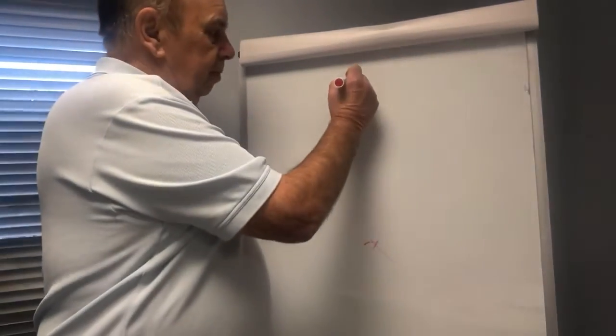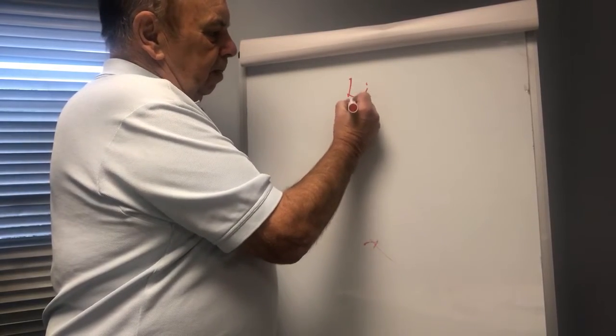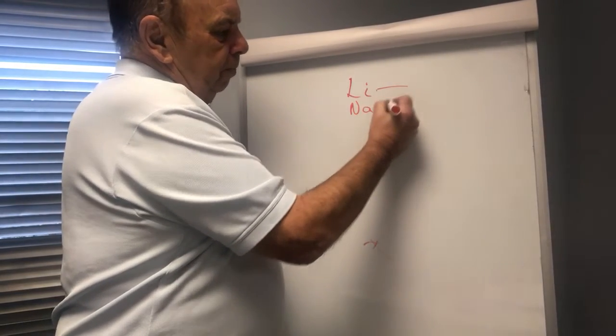To summarize what I've said, metals want to lose electrons and form positive ions, and the non-metals wish to gain electrons and form ions. And the final thing I just want to say a little bit about is lithium and sodium.